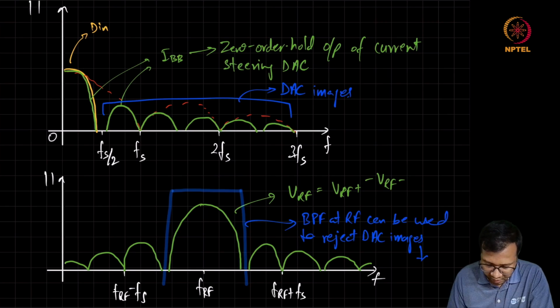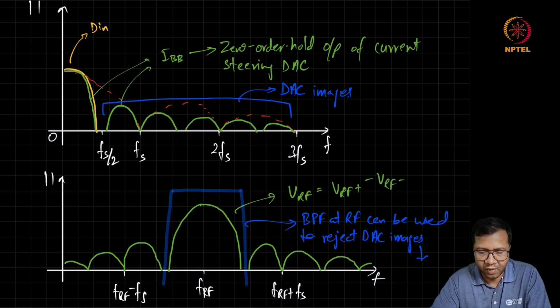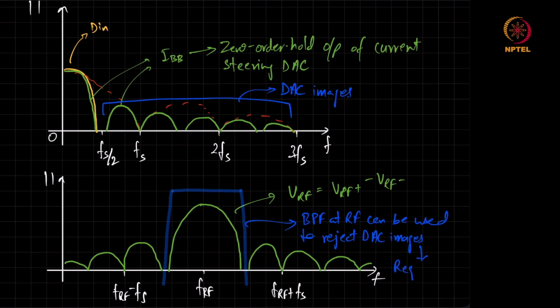In addition to that, every time this center frequency changes, this filter also needs to be tunable. So overall, the transmitter can become too complex. High order tunable BPF.